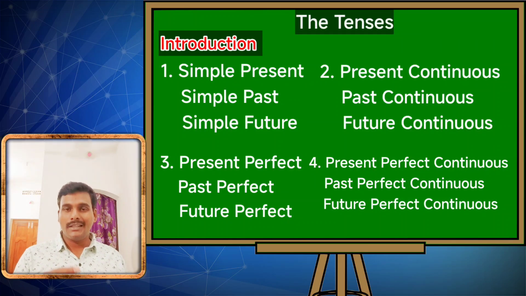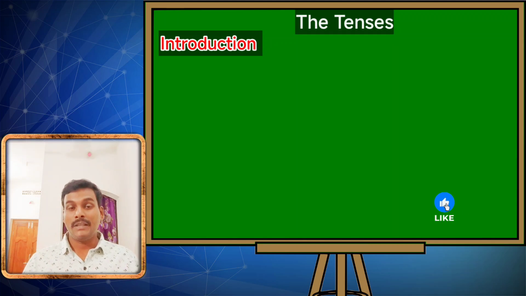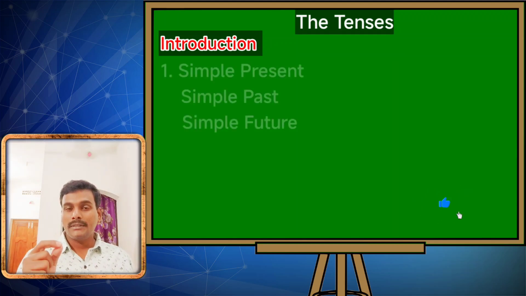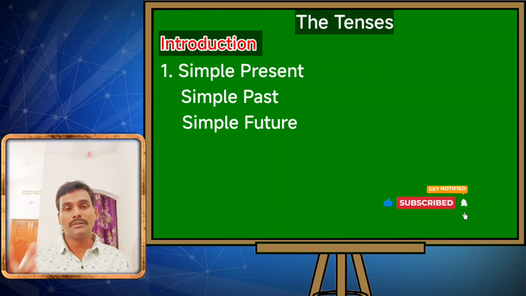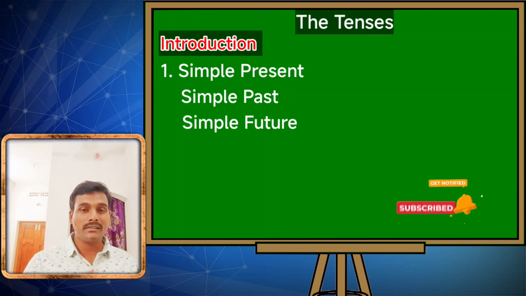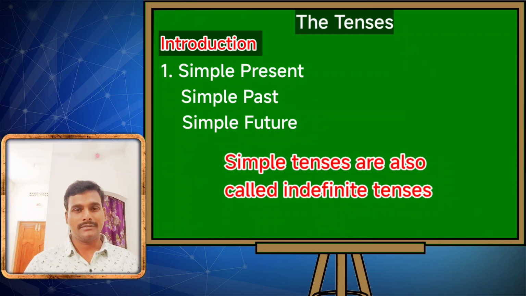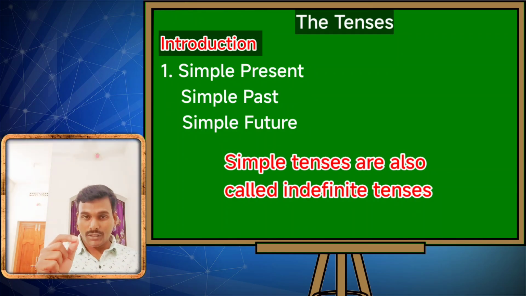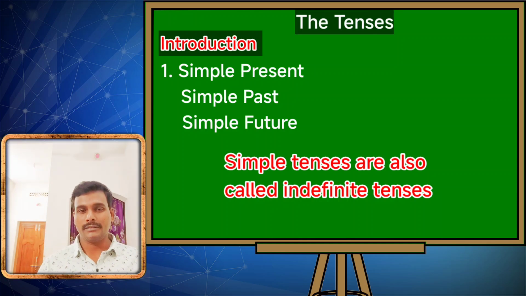Okay, first let us discuss simple tenses. Simple tenses are simple present, simple past, and simple future. These simple tenses are also called indefinite tenses because they cannot define the perfect time of the action or event. We call them indefinite tenses.